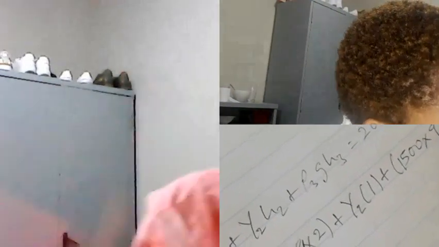Yes. Then plus, what was the density for point B? It was 1,500. 1,500 multiplied by the gravity, 9.81, and then multiplied by the height, which is 2.